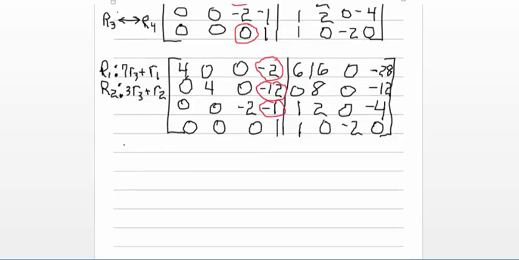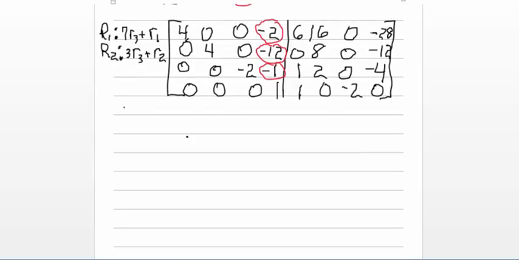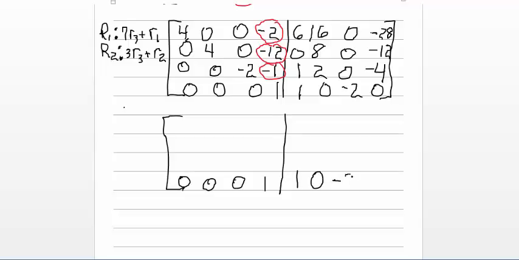Now we want our 0 entries in column 4. So we are not going to be changing row 4 when we get our zeros in column 4. So we recopy row 4. We are going to change row 1, row 2, and row 3.